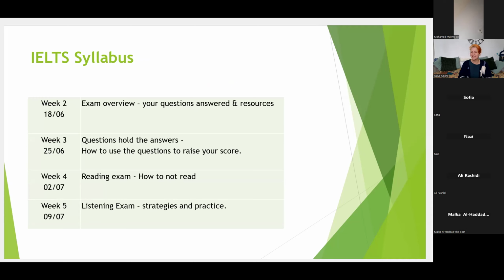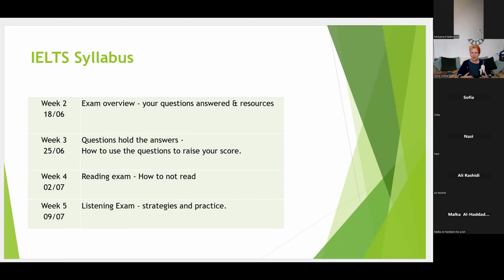The biggest focus on this exam is that it is unlike any other exam. And those of you who've taken it before can tell me if I'm wrong or add your opinion to it as well. There's no memorization.